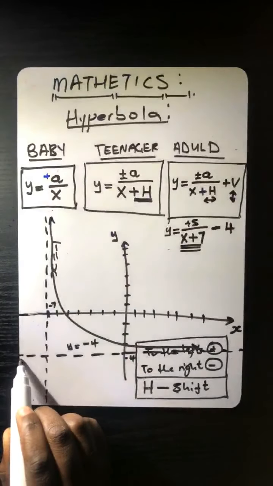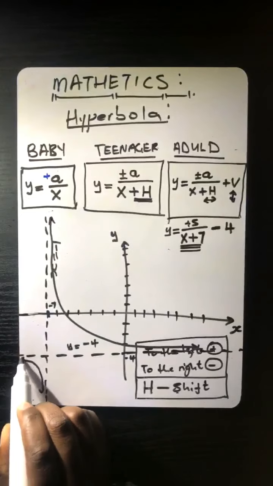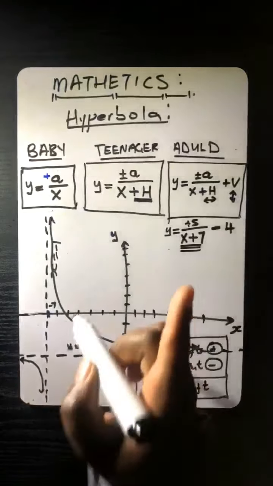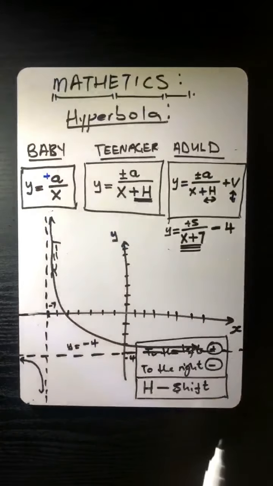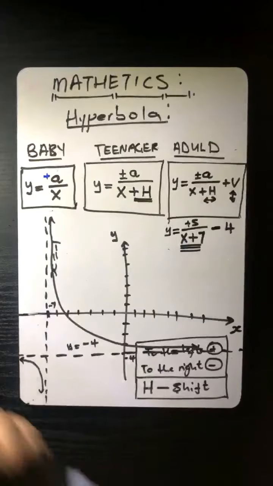It just gets closer to your asymptotes. It can cross the x and the y axis, but never cross the asymptotes. Are you guys happy with that explanation? Does it make sense now?